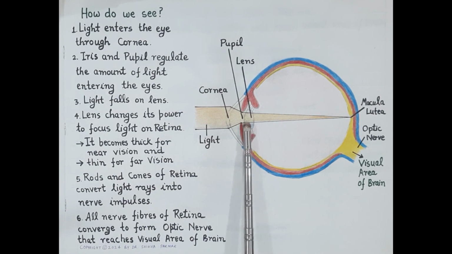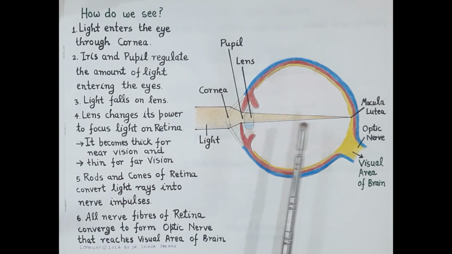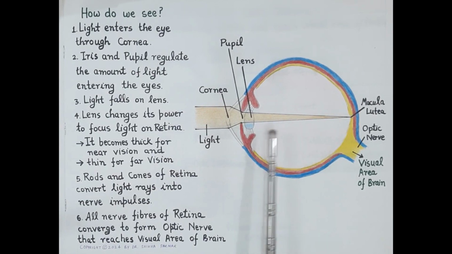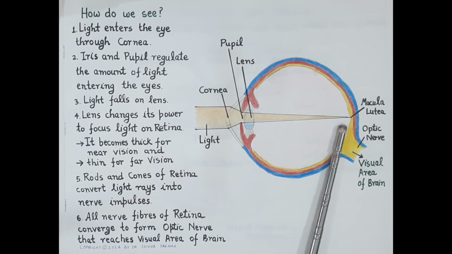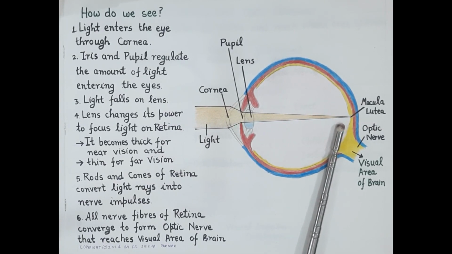So the light passes through the pupil and falls on the lens. Now the lens focuses this light on the retina. The lens changes its power to focus the light on the retina, and the lens becomes thick for near vision and thin for far vision. Now the rods and the cones of the retina convert the light rays into nerve impulses.